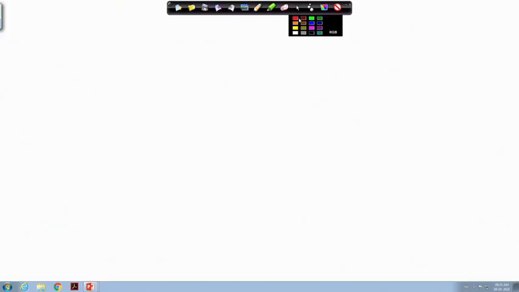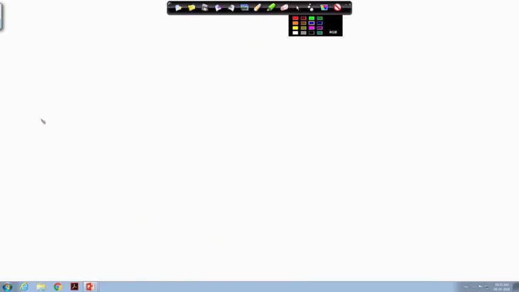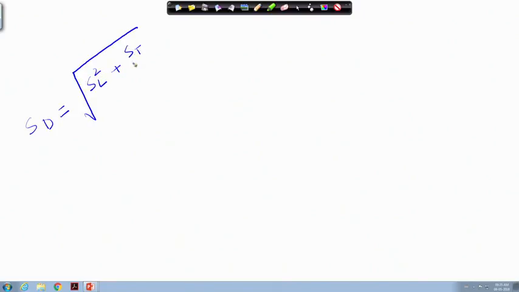What are the different parameters that we have to find out? First of all, we calculate the diagonal pitch, equal to the square root of SL square plus (ST by 2) whole square. This comes out to be 1.95 centimeter.